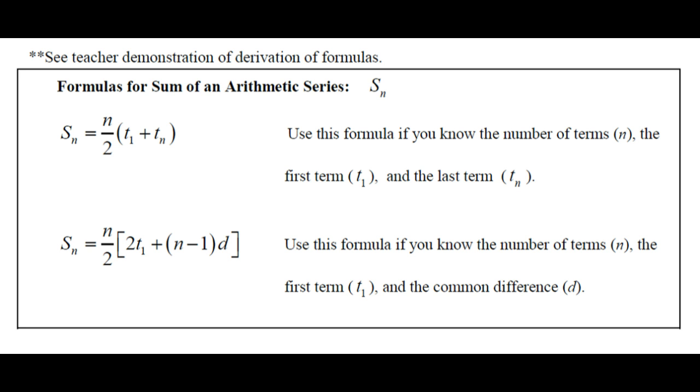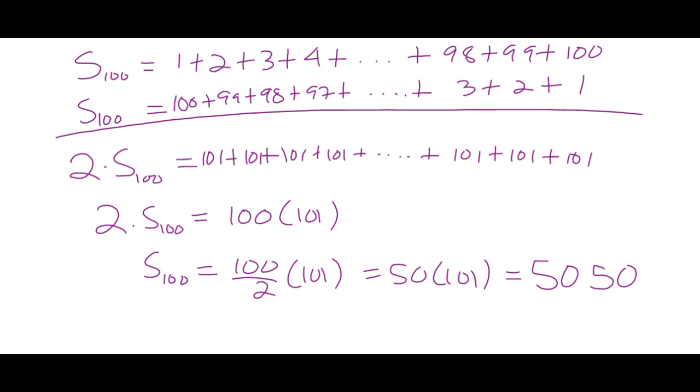So in this case, the first term was 1 and the last term was 100, which gave us 101, and we had 100 over 2, times 1 plus 100. If we go forward to that page, we can see this is n over 2, and this is t sub 1 plus t sub n.